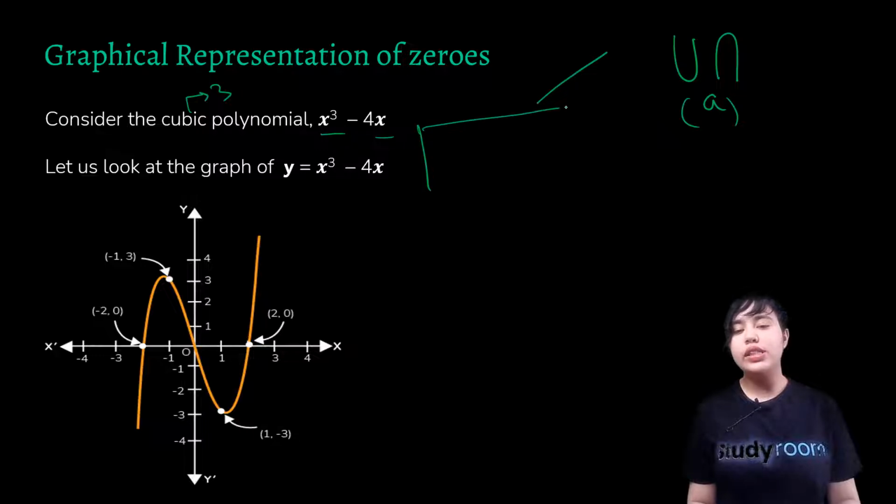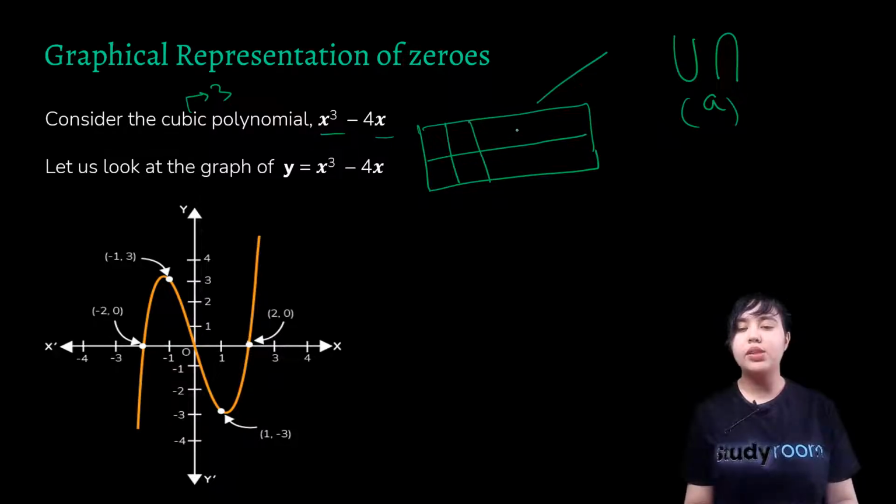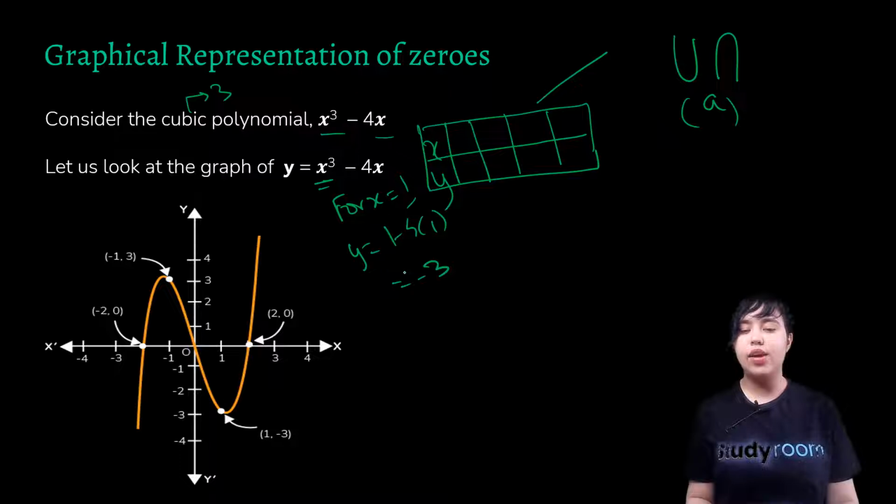All you need to do is make a sort of chocolate bar, divide it like this into several small boxes, take the two variables x and y, take some value of x, and for that find the value of y. So for example, if I take x equal to 1, y will become 1 minus 4 into 1, which is minus 1 minus 4, which is minus 3. So for x equal to 1, y is minus 3.